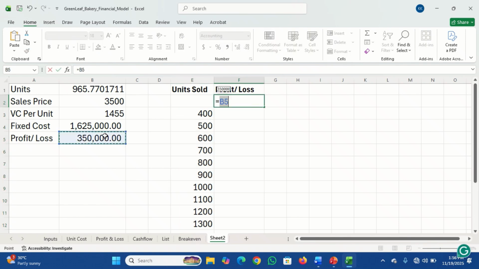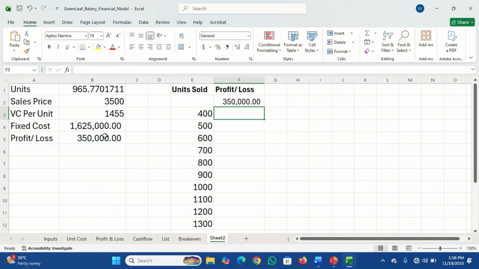This is how we are calculating our profit and loss, and that is what is going to give us this column. So at this same price that we are selling, we are going to see what profit and loss each of these units is going to give us.